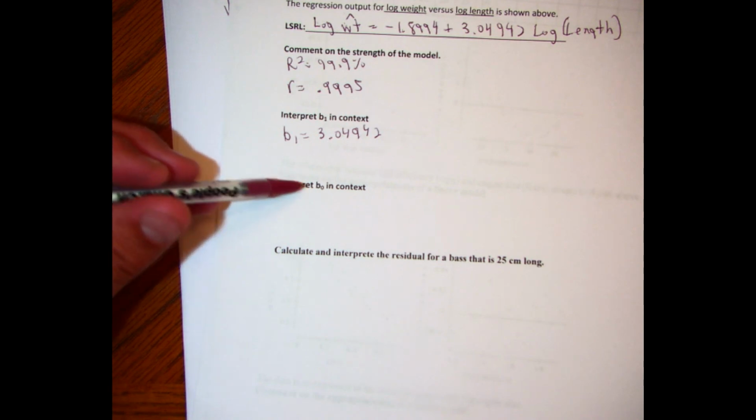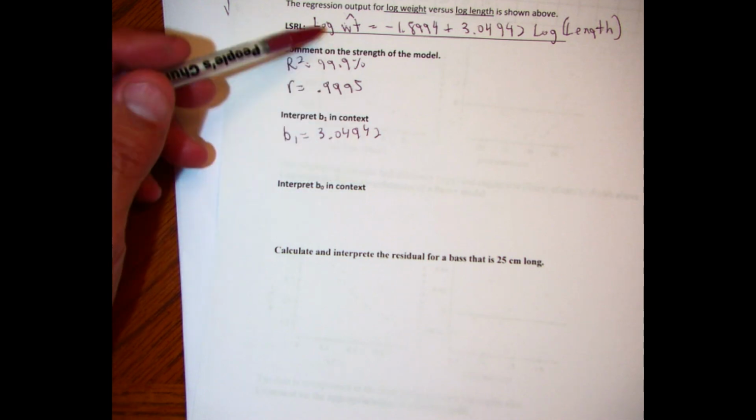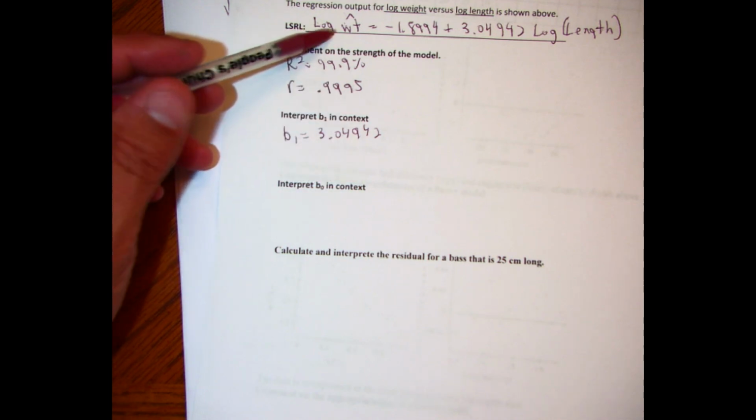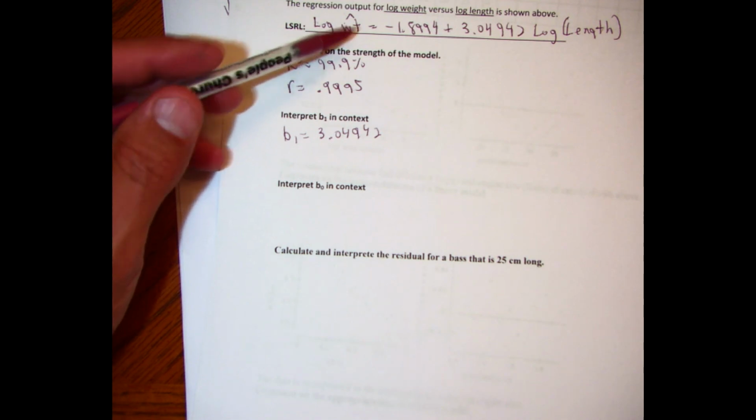Okay, interpreting the slope in context. I mean the y-intercept in context. That's something that is going to be very difficult to do here, since I can't put 0 in here, right?